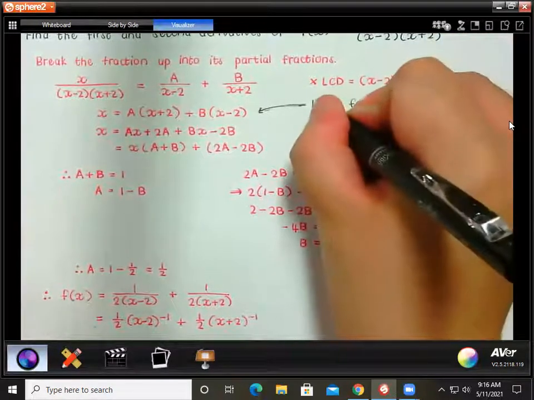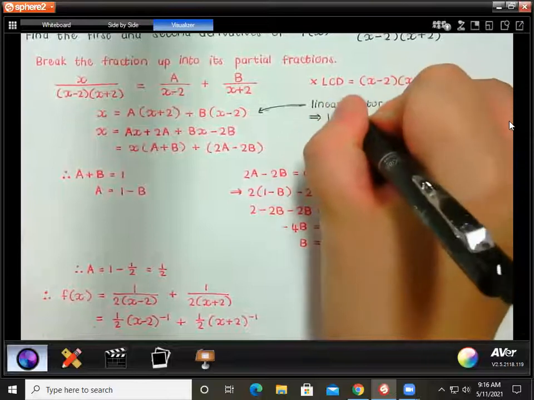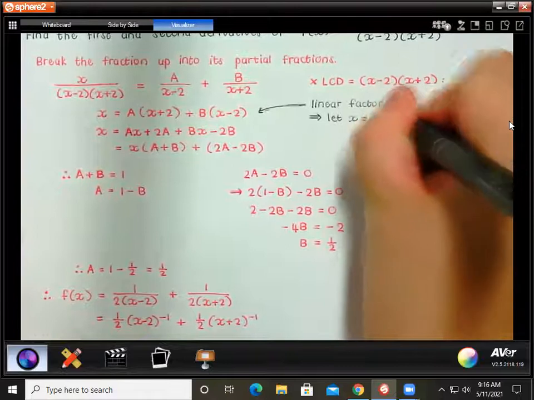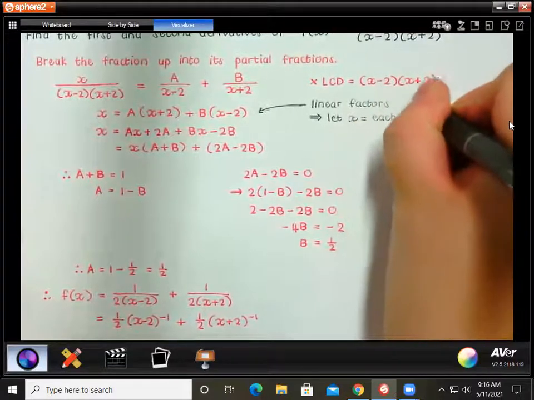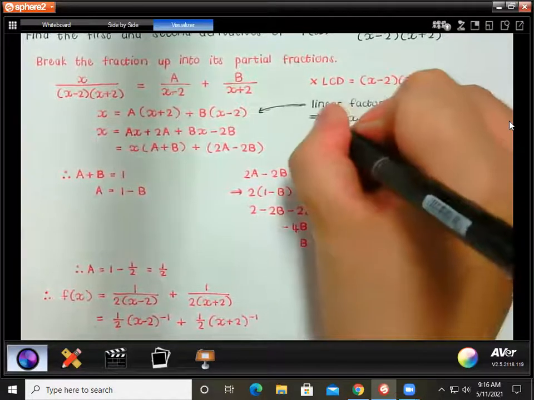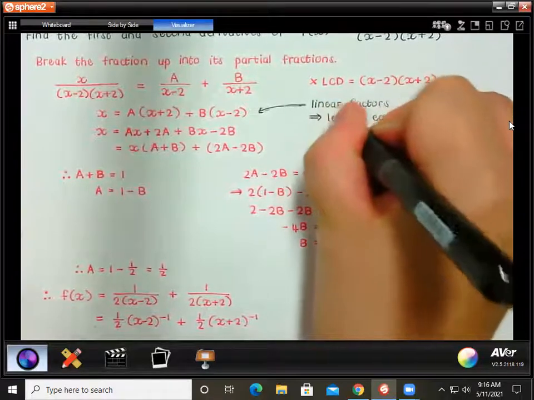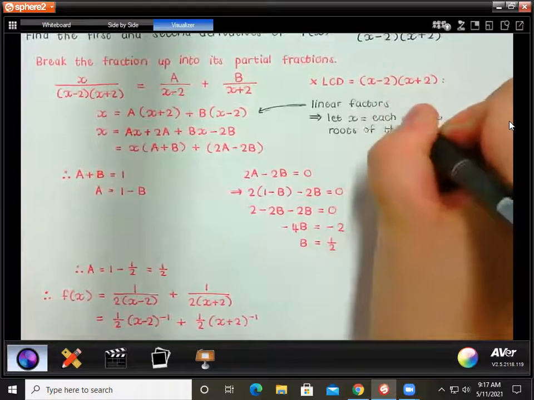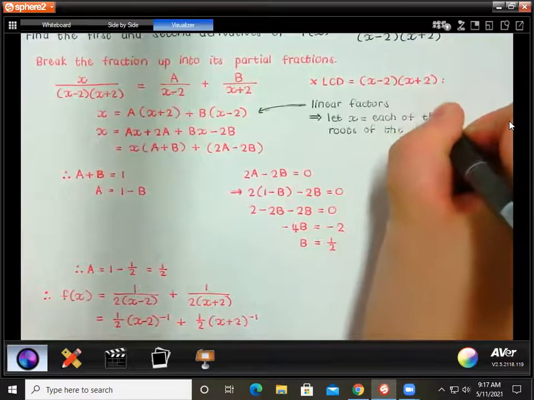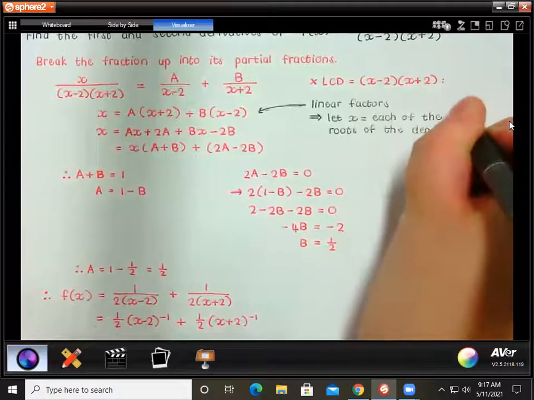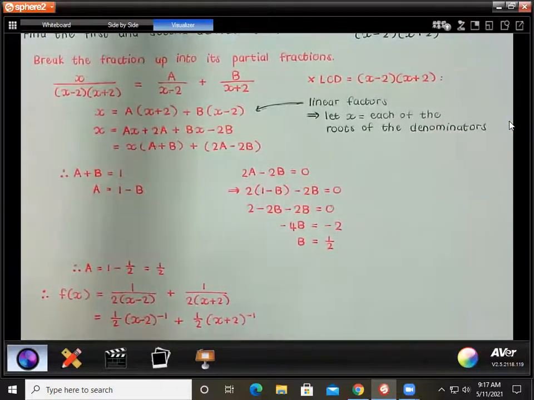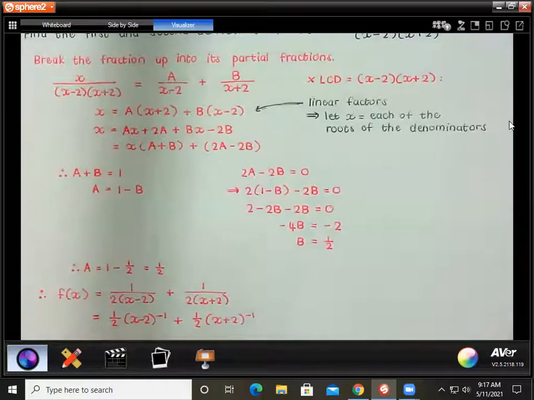Then let x equal each of the roots of the denominators. I'll show you now what I mean by that. Well, I suppose you could say each of the roots of the factors as well. The denominators, the factors, they're the same thing in this case.